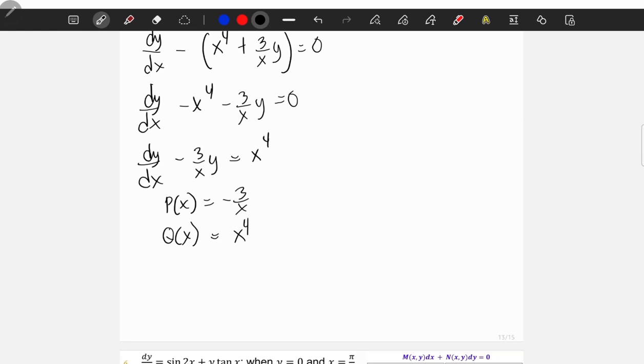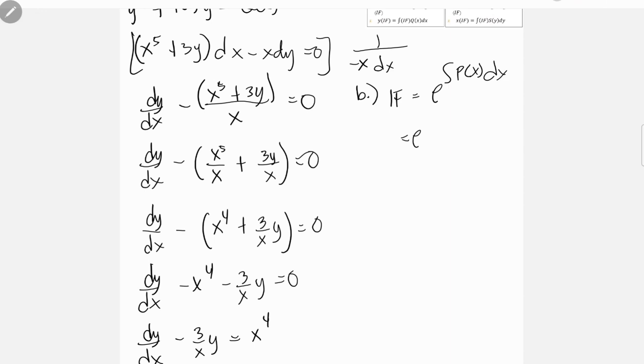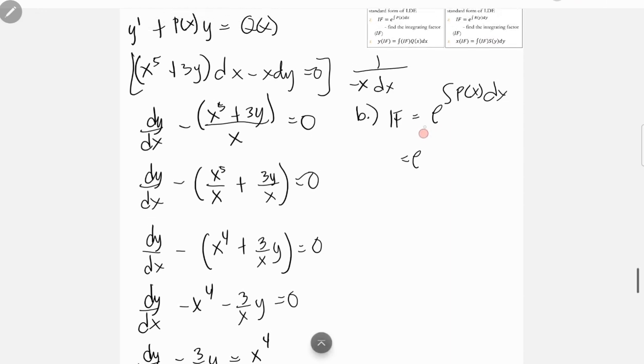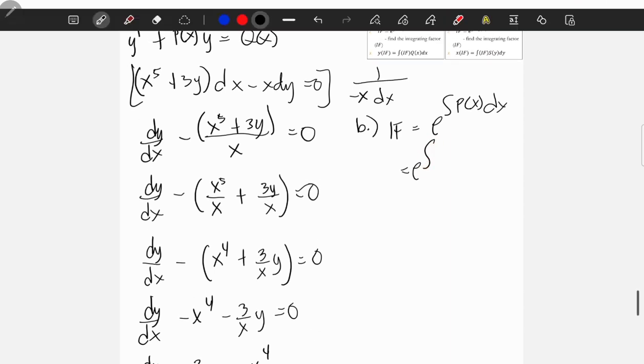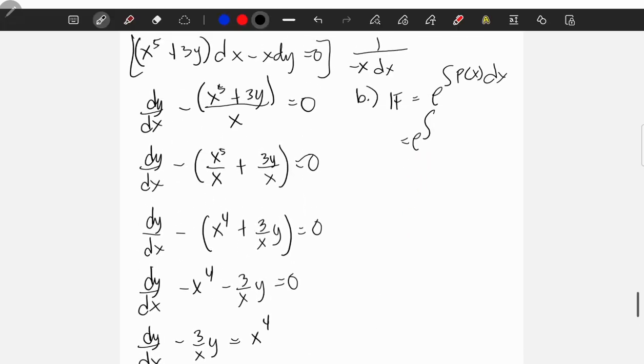Next step is to find the IF. IF for linear in y is e to the integral of p of x dx. Our p of x is negative 3 over x. Negative 3 over x dx.